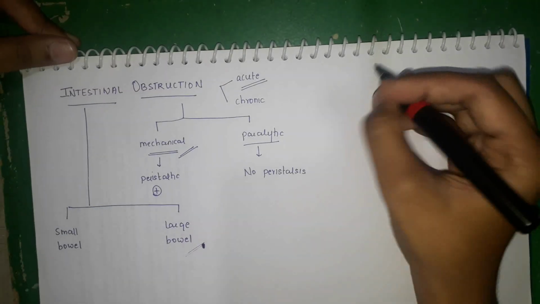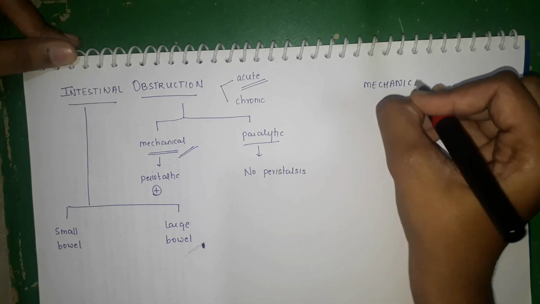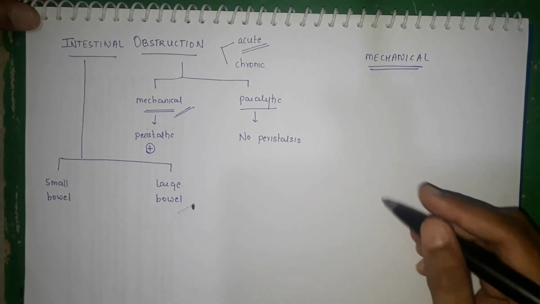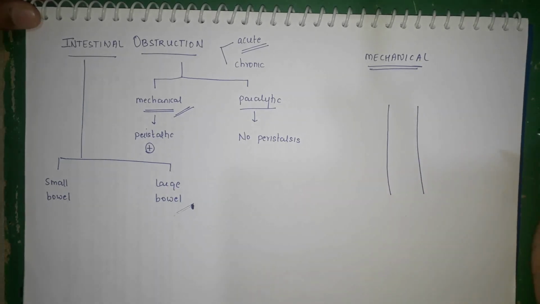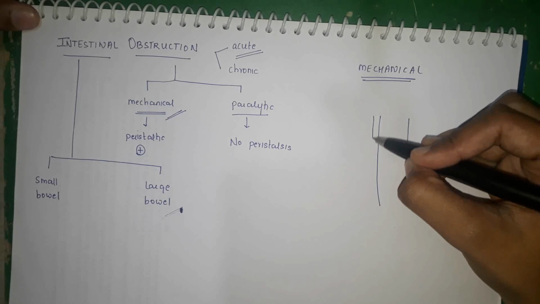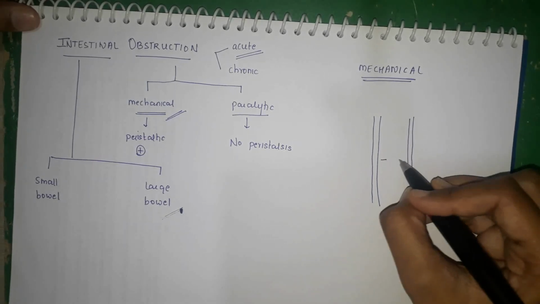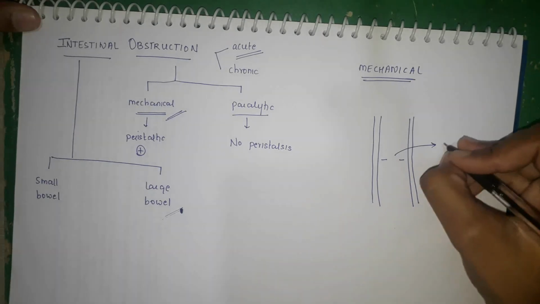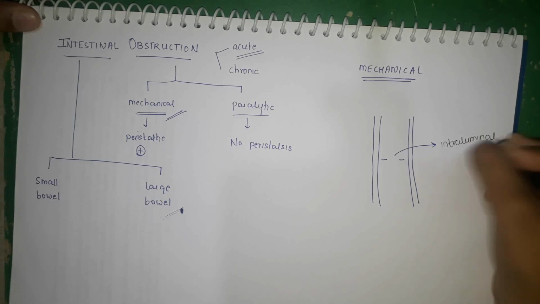So coming to the mechanical causes of intestinal obstruction, to remember the causes you have to imagine the anatomy of an intestine. If this is the schematic diagram of the intestine, anything which is inside the lumen, present here, will become intraluminal.